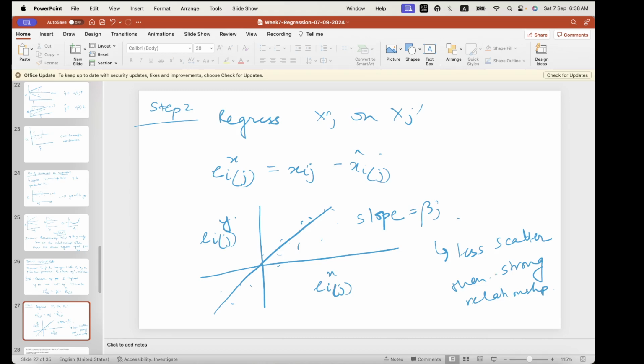So these will be my partial residuals which scatter along this line y equal to beta x, and if we find less scatter, then we can say that even in the presence of other variables there is a strong relationship between xj and y. Okay.